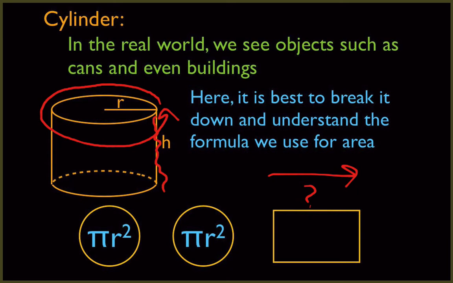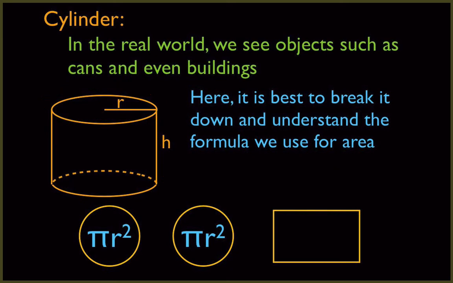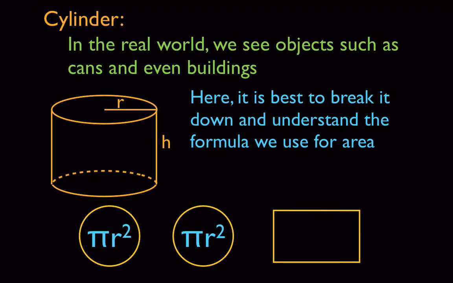So that ends up being the circumference of a circle, which is 2 pi times the radius. Now the height is simply the height right there. So when I multiply 2 pi r times h, I get simply 2 pi r h. So that's where that's coming from.